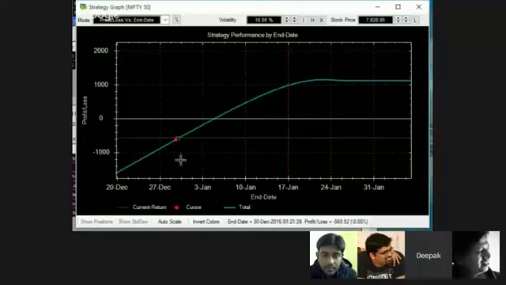So 29th December, this is where we are, approximately break even. It will keep increasing. Tomorrow, if the Nifty is at 7,925, we made this much profit. Day after tomorrow, if it's 7,925, it's so much profit.